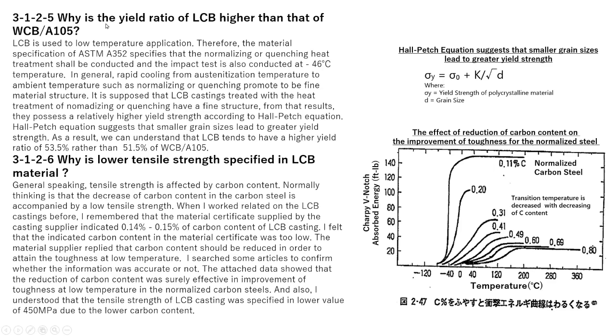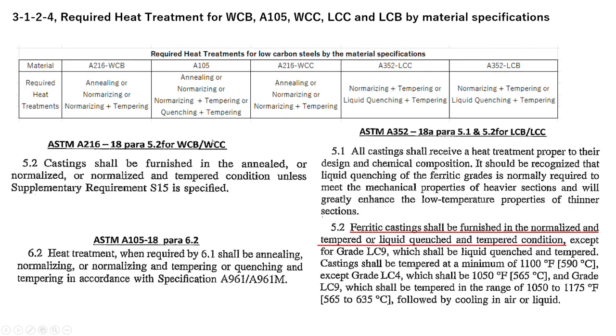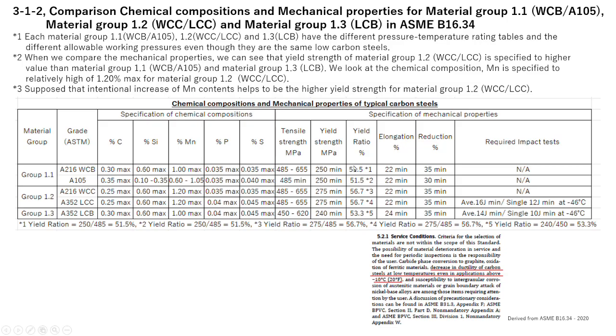So next, we talk about why the yield ratio of LCB is higher than that of WCB and A105. So again we see the table. LCB is 240 megapascal minimum, and WCB and A105 are 250 megapascal minimum.